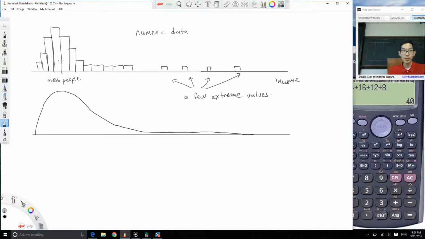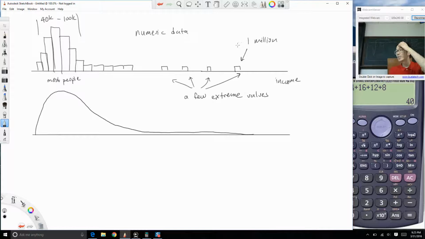Okay, so this chunk right here is probably something between like $40,000 and $100,000 a year or something like that. This is probably most, and then you have people below that and you have people above that, and then you've got people out here making like $1 million a year or something, right? And this isn't even to scale, because if it's out here, this is probably only like 500,000 or something.